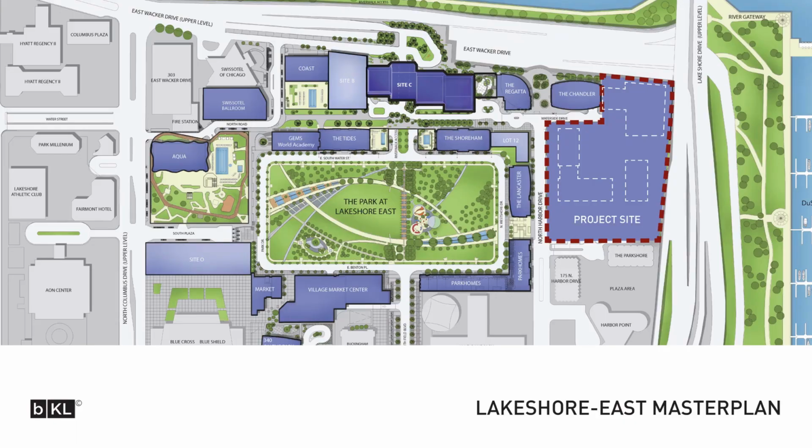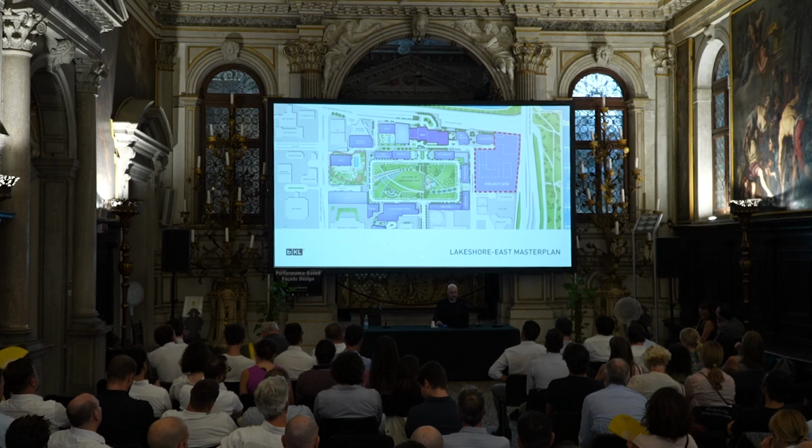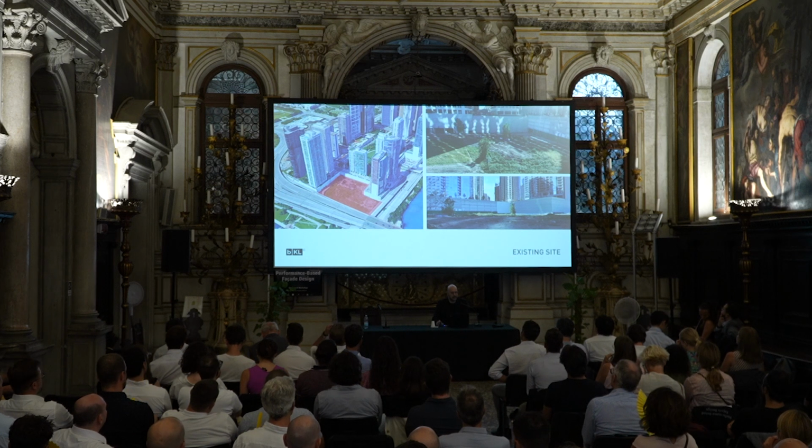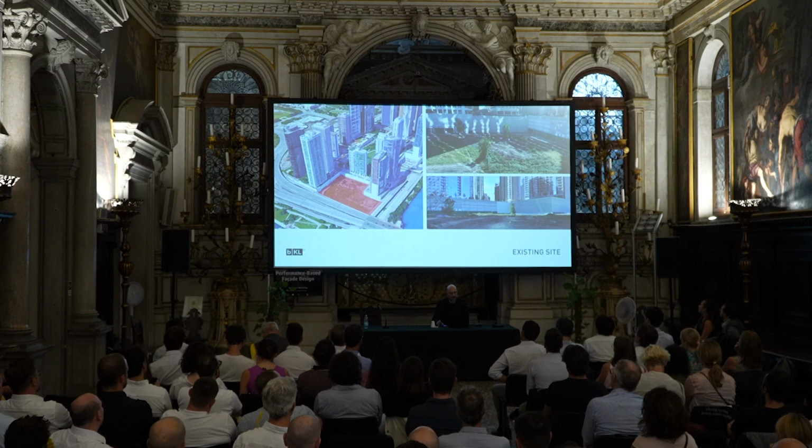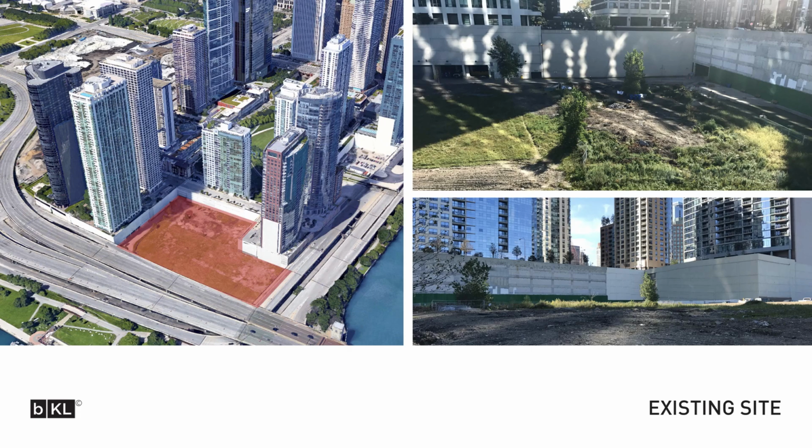The original development master plan intended for these tall high-rises to have this tall building frontage at the perimeter of the site. The context around the site, you can see here a couple of photos. There are the multi-level roadways of the Lakeshore Drive to the east and the Wacker Drive to the north, lining the property.